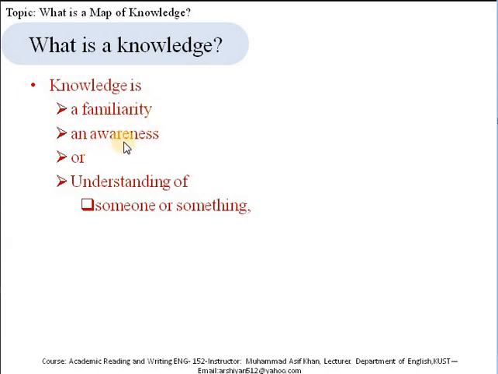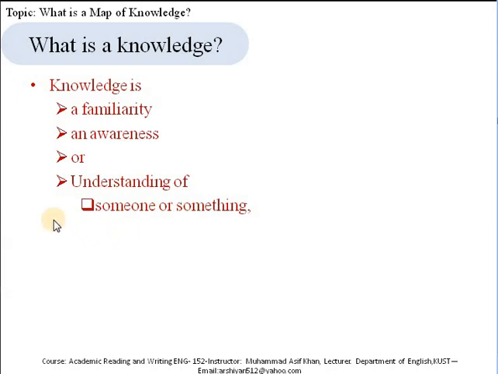And from awareness, I mean knowledge or perception of a situation or fact. And understanding is that concept in which we discuss the ability to understand something or to comprehend some idea or some situation. So knowledge is a familiarity, acquaintance, or awareness or understanding of someone or something.